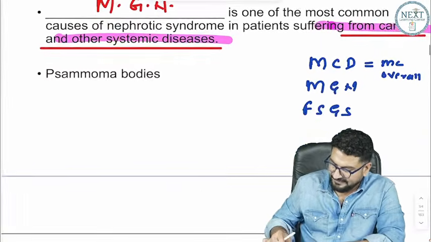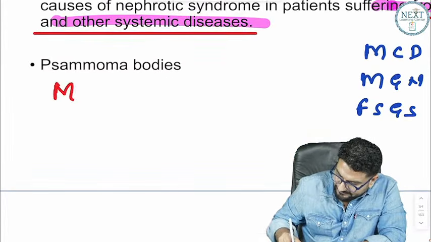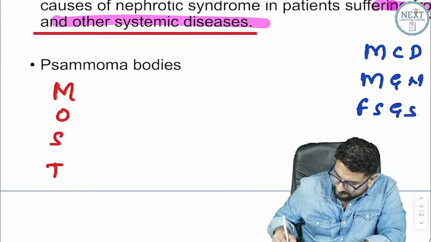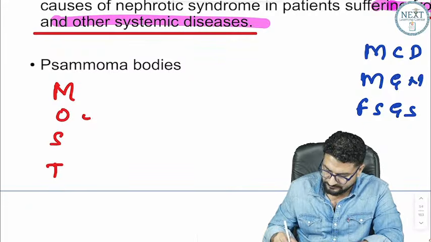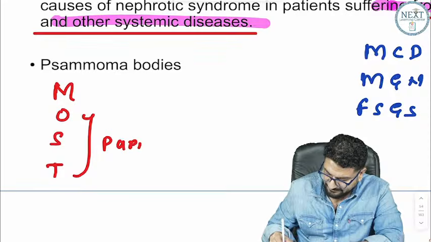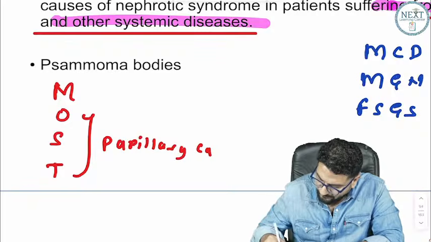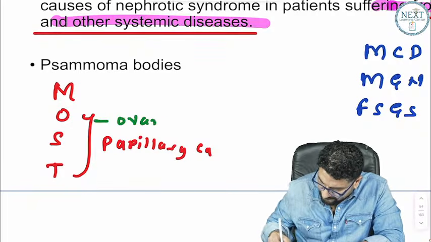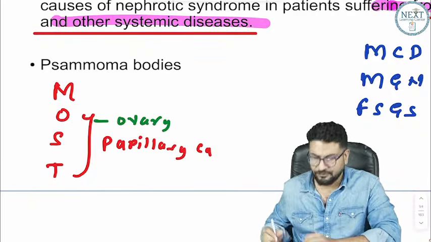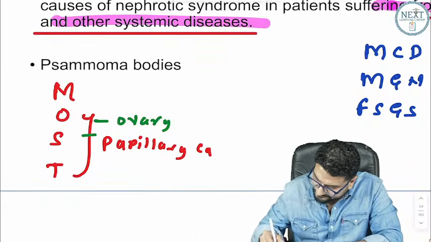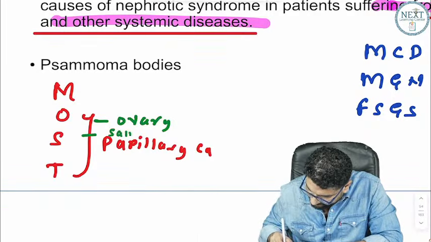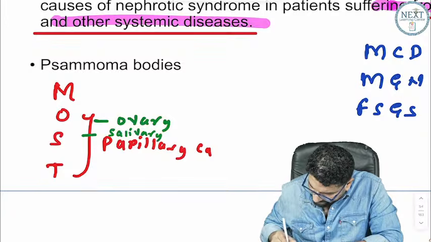Now psammoma bodies, I just told you. Where do you see psammoma bodies? It is seen in most. What was MOST? Papillary cancer. Papillary cancer of what? Papillary cancer of ovary, so we sometimes also call it serous cystadenoma. Salivary gland and thyroid.